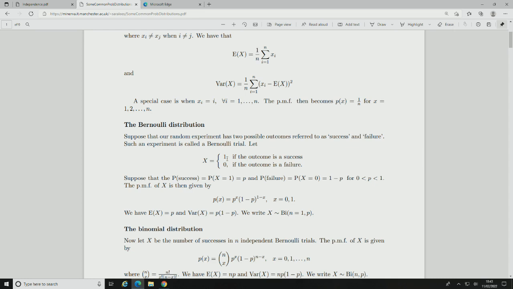Some people don't like using these brackets here, so it's easier to write this in one formula, like this, yeah? Because if you put x equal to 1 into this formula, you get p, right? And if you put x equal to 0 into this formula, you get 1 minus p, right? So now let's return to the question, which is to find this guy here, right?